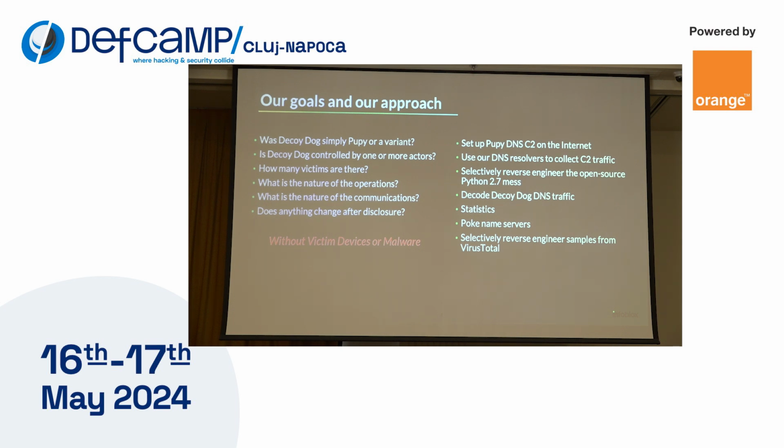We started looking also in the open source code of the original PAPI. Also later we found some samples of the malware on VirusTotal, so we also started to look into that and do a lot of statistics.